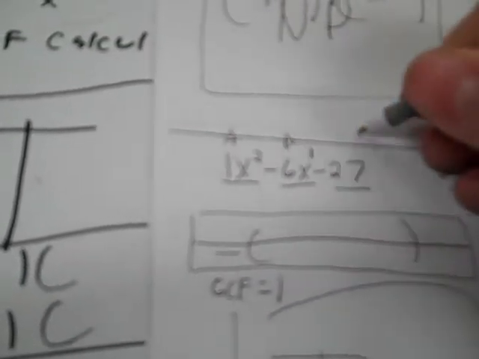Okay, so now when I do my table, I need an A, a B, and a C. And I need to multiply the A times the C. So what am I multiplying? I'm multiplying positive 1 times negative 27, and that's negative 27. So since I got a negative, it's a minus problem, and I'm trying to subtract to 6, 6 being negative.